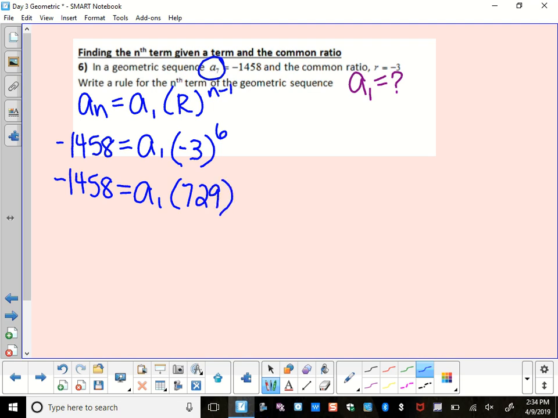Alright, how do I get my first term by itself? Imagine that is an x. How would I solve for x here? Divide. That's being multiplied together, so I'm going to divide each side by 729. So my first term is equal to, what's negative 1,458 divided by 729? You get negative 2.